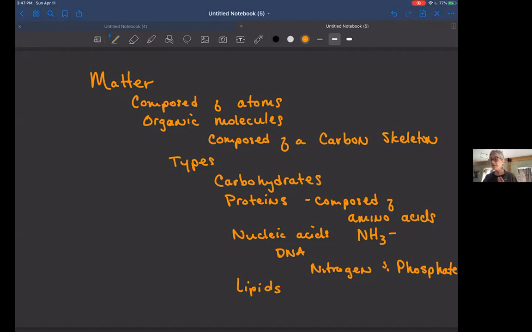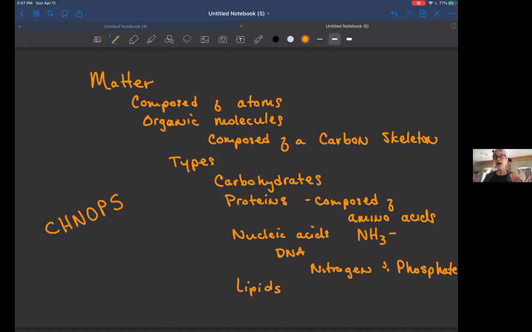So primarily, these are composed of the elements carbon, hydrogen, nitrogen, oxygen, phosphorus, and sulfur. So you could remember these are the elements that make up the majority of the organic molecules, and you could remember it as SNOPs. So that's an acronym or a mnemonic device that you could use to remember these.